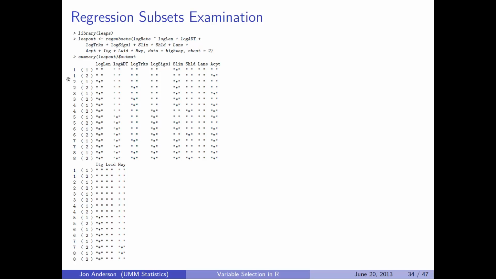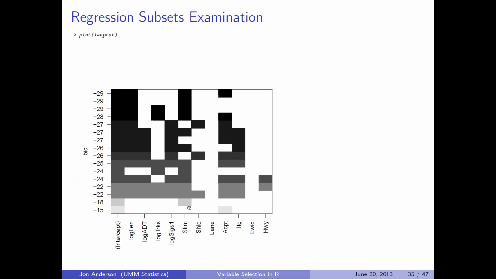The best 2 predictor model has log length and SLIM. The second best 2 predictor model has log TRKS and SLIM. And so forth for models of different sizes. This is a graphical display of how good these models are that have the different predictors.